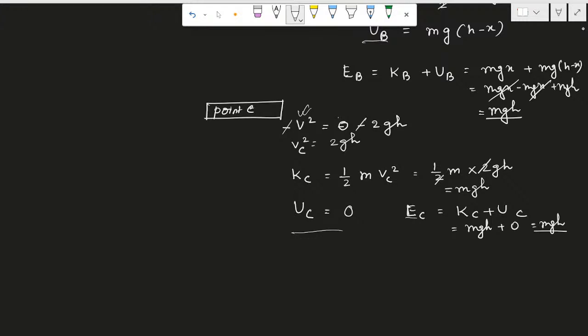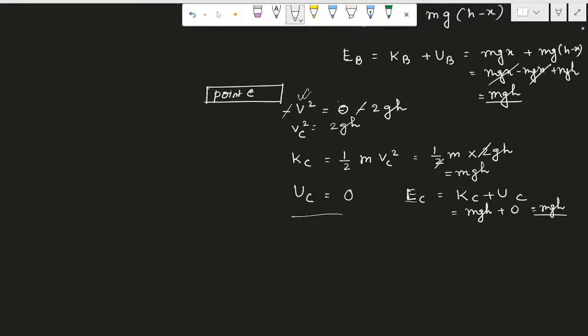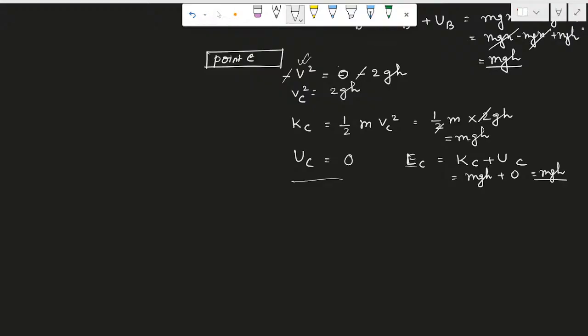Now here is a very important graph in relation with this type of variation of energy with height. If I consider energy on the y axis and height on the x axis, we know the kinetic energy is maximum at 0 height.